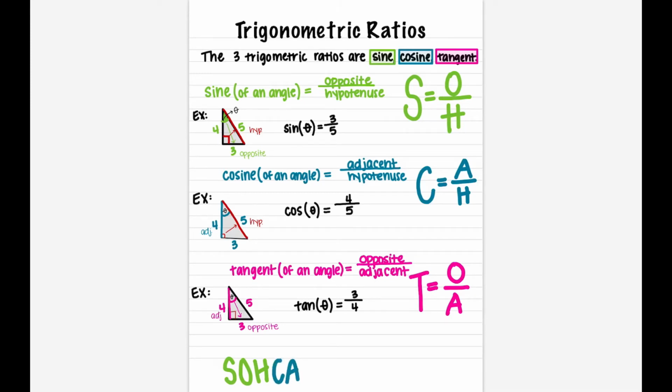CAH, cosine, is adjacent over hypotenuse. And TOA, tangent, is opposite over adjacent. This acronym will help you remember the different ratios.